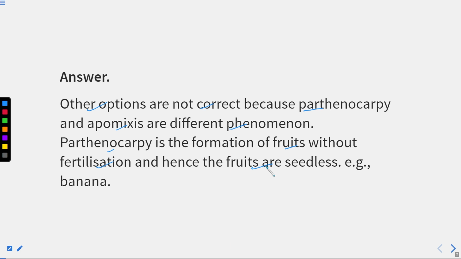After fertilization, ovules develop into seeds, but there is no fertilization here, so the fruits are seedless. An example of a plant where parthenocarpy is seen is banana. Some other examples are tomato and watermelon. These are examples of plants where parthenocarpic fruit development is seen.